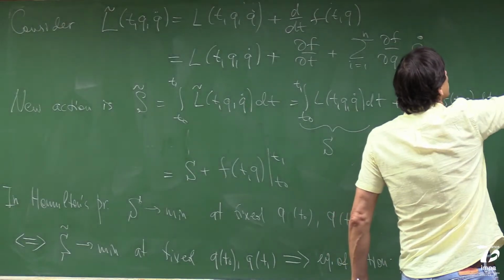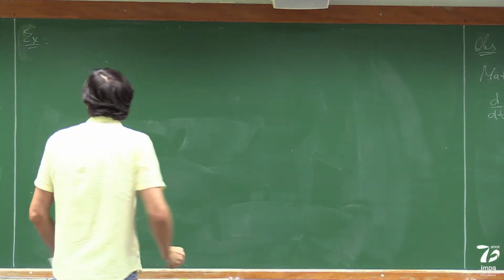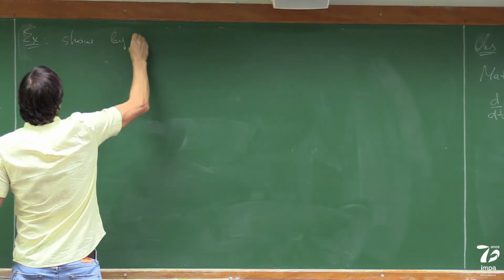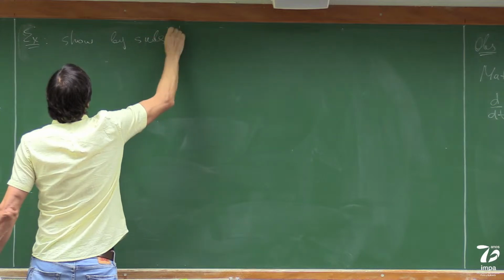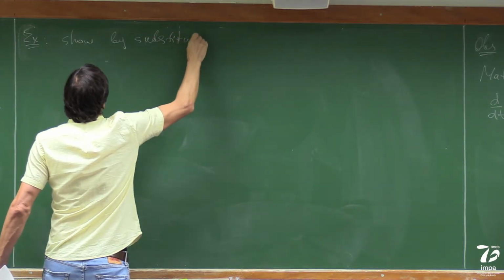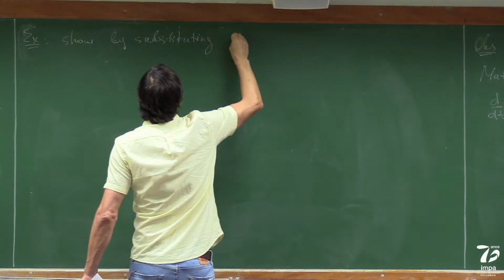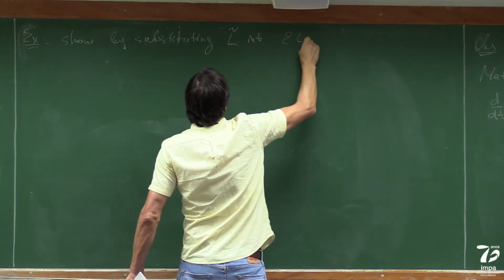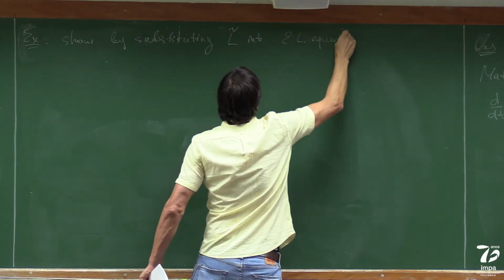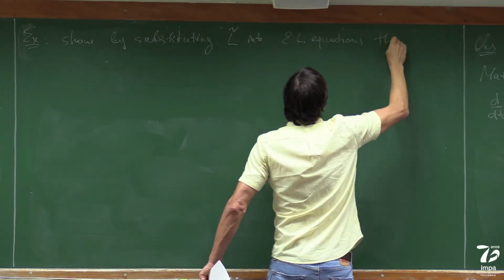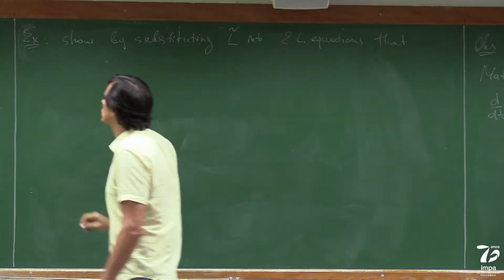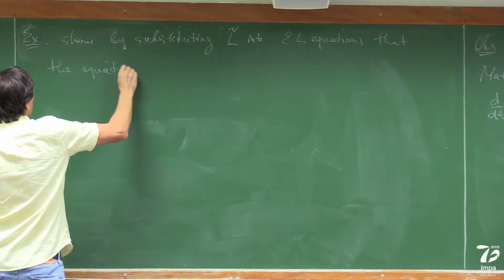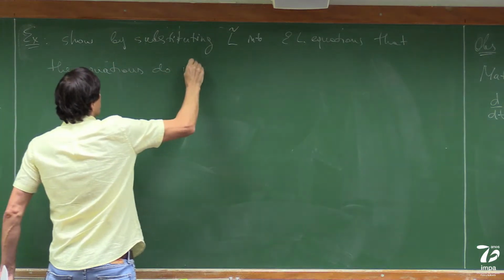A good exercise for you is to show, by substituting L into the Euler-Lagrange equations, that the equations do not change.